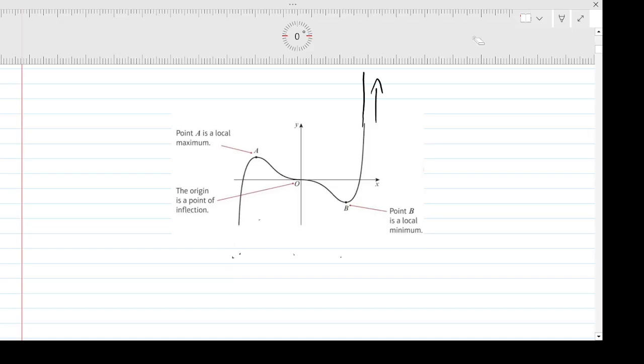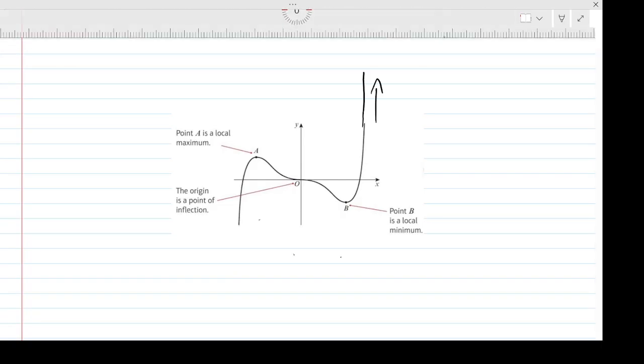Now this other type of point, the point of inflection, we kind of looked at when we looked at sketching cubics. If we sketch, for example, x minus 1 cubed, it has a triple repeated root. We said that when we sketch cubics or quartics, we look at how many times a factor or root repeats.